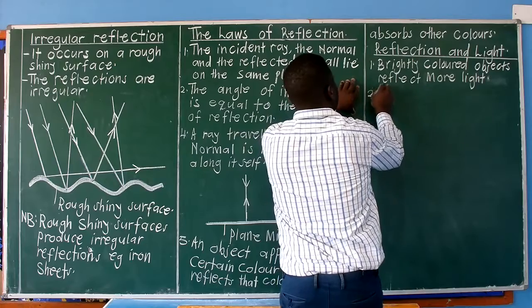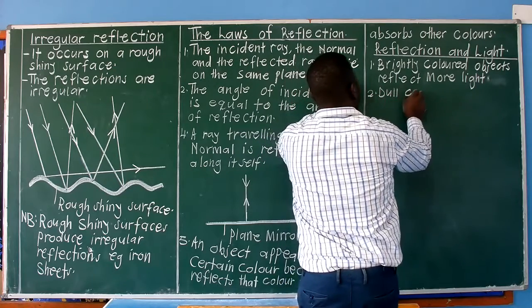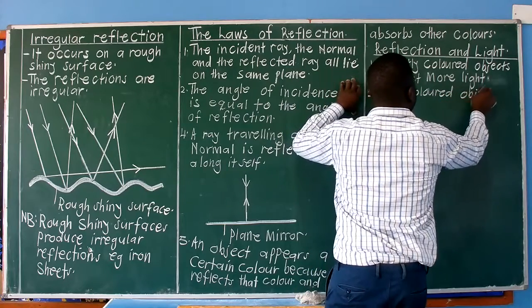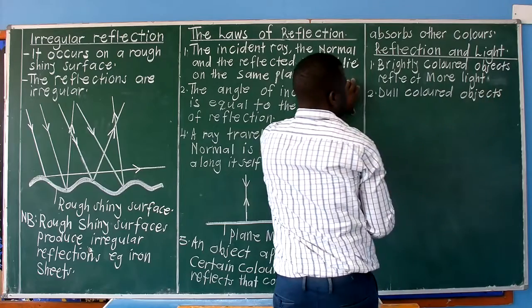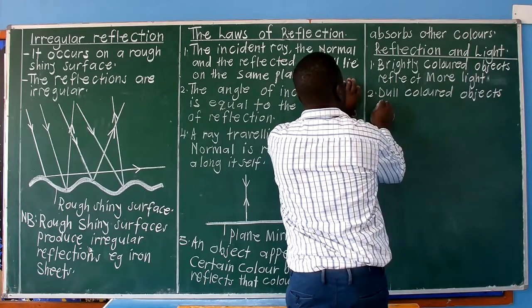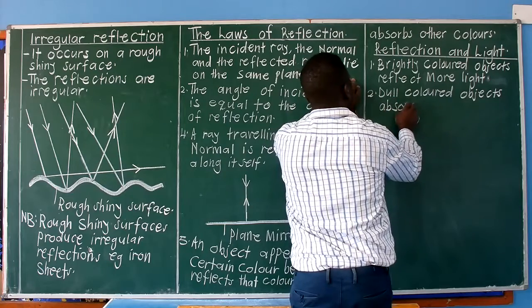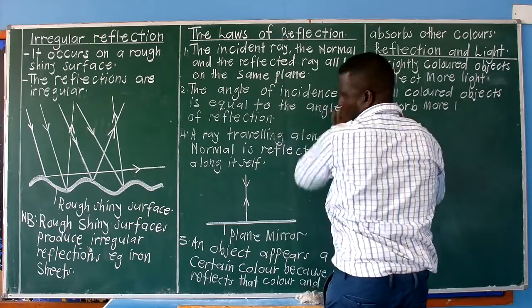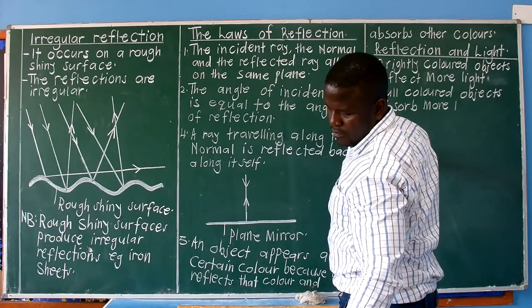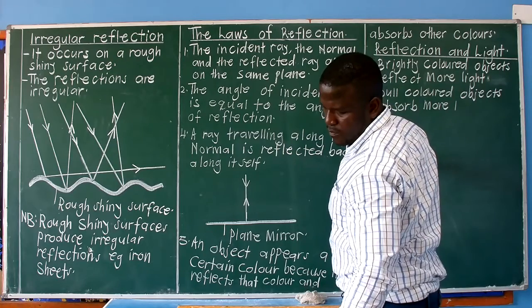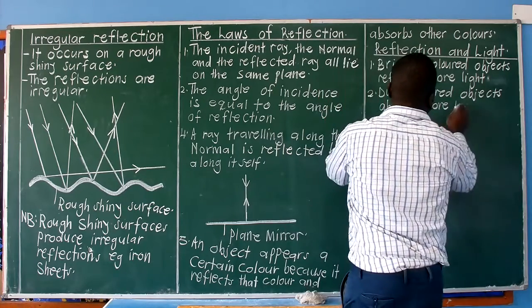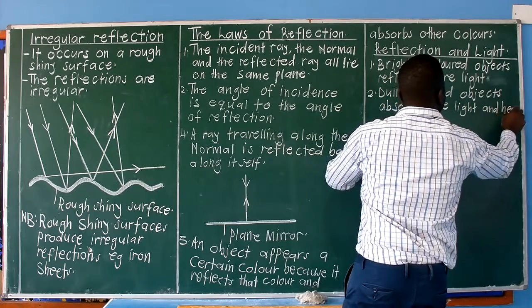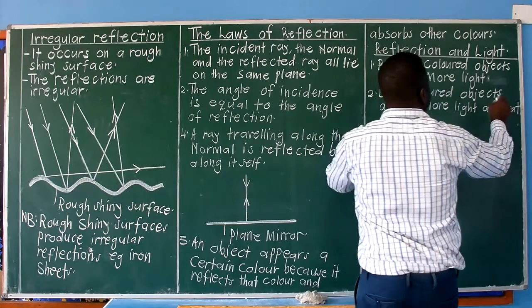Then, number 2, dull colored objects absorb more light and heat.